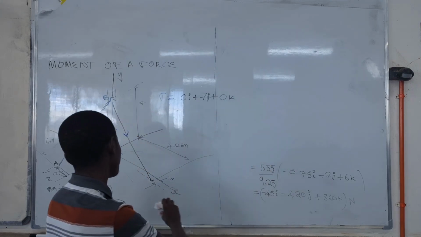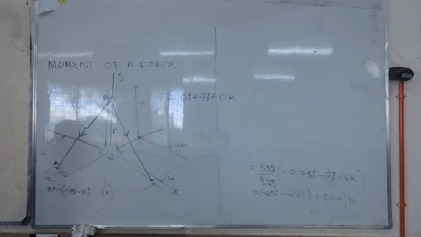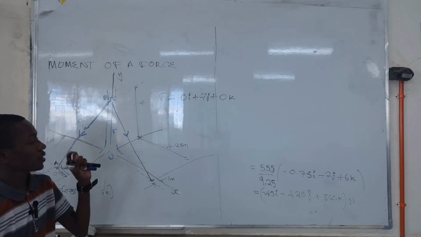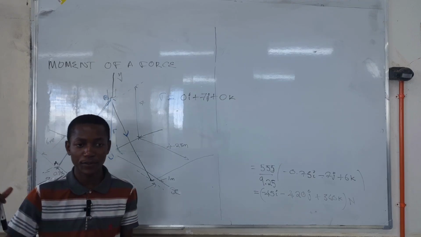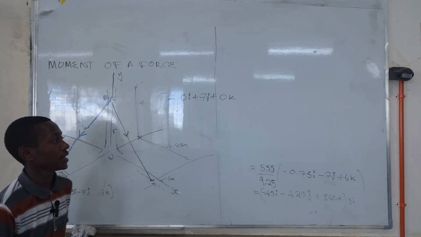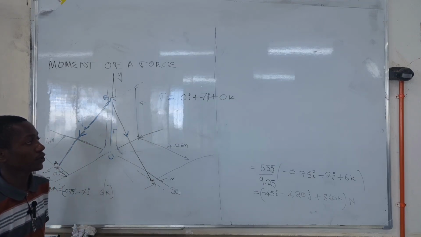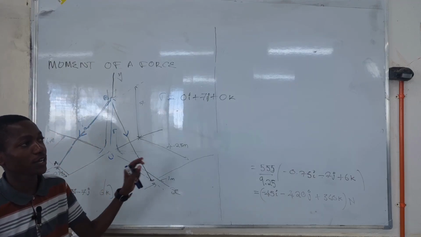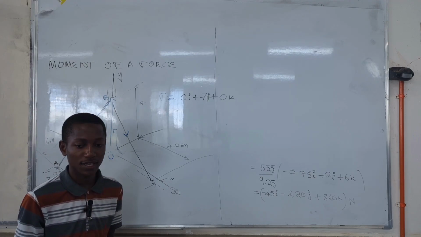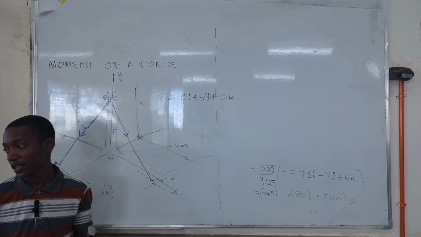So now when we are talking about moment in 3 dimensions, we don't multiply the way we multiply in 2 dimensions. Rather, we determine it like you're finding the determinant of a matrix.